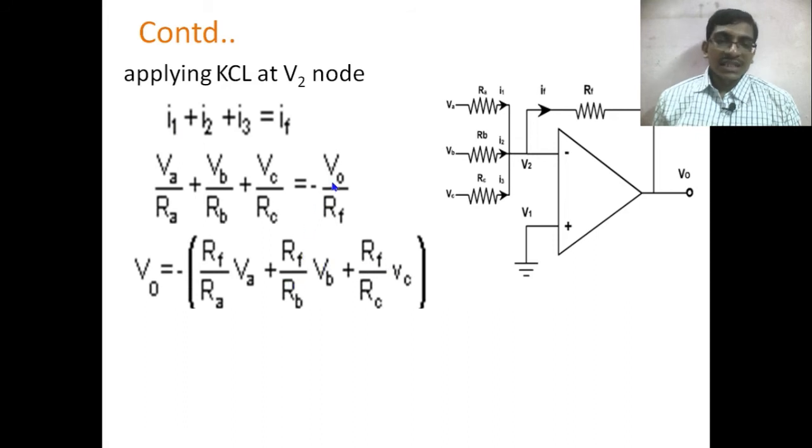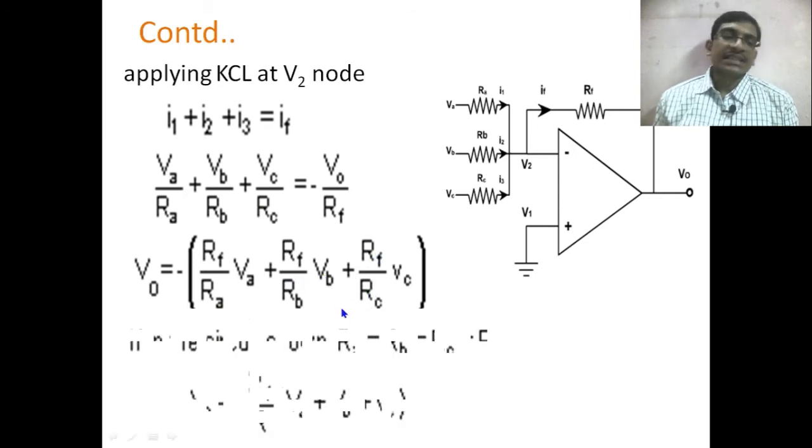In this equation, if you rearrange to get V0, V0 is equal to minus of, the RF goes to the left hand side and multiplies each term: RF divided by RA into VA plus RF divided by RB into VB plus RF divided by RC into VC.